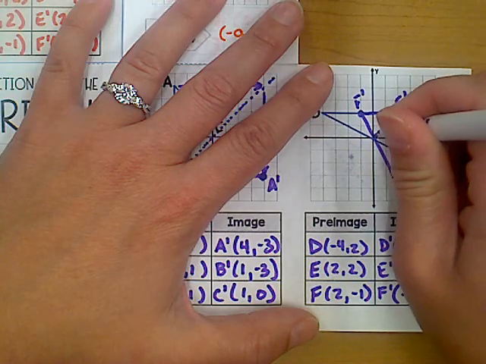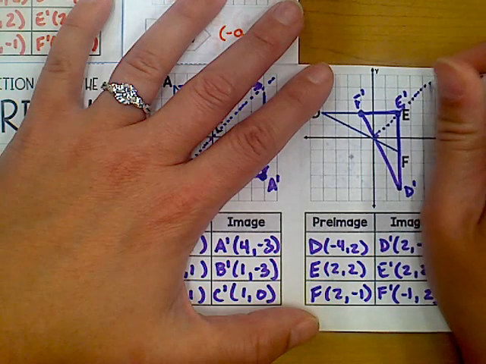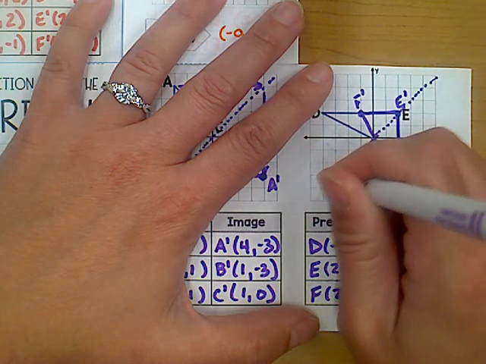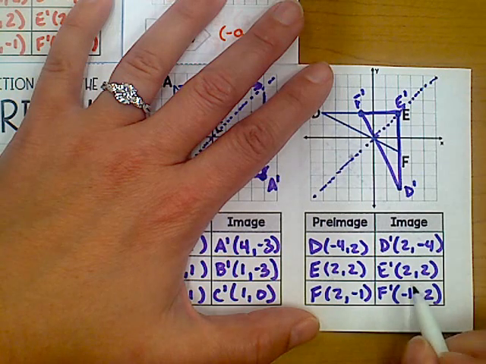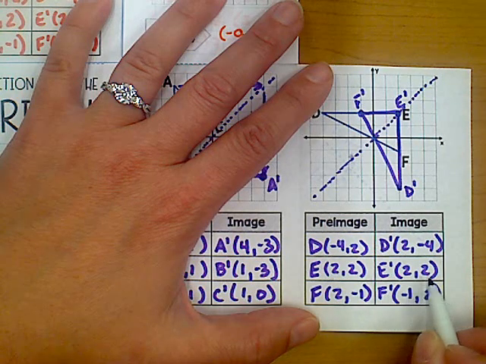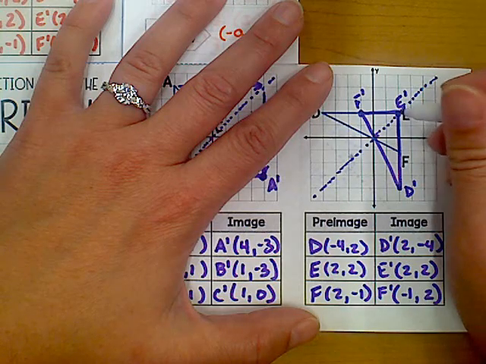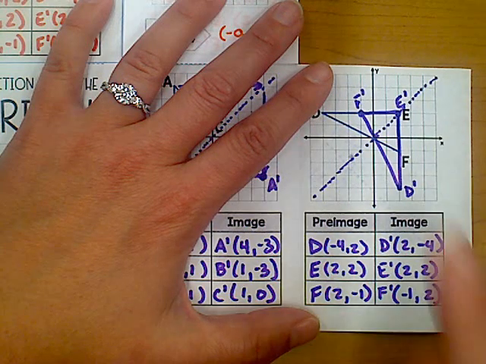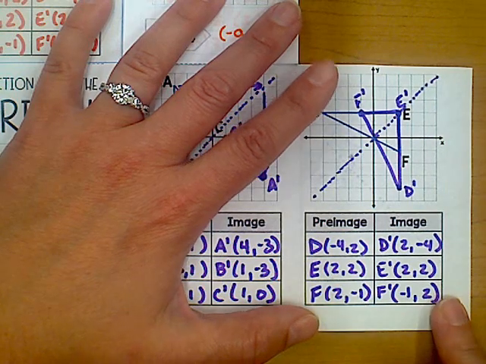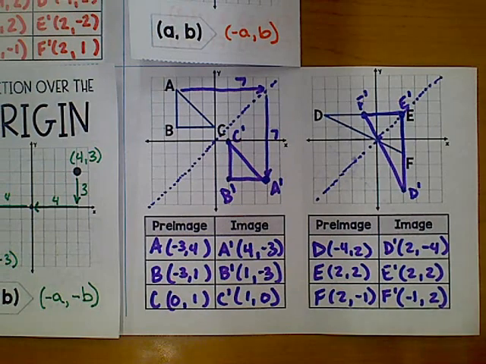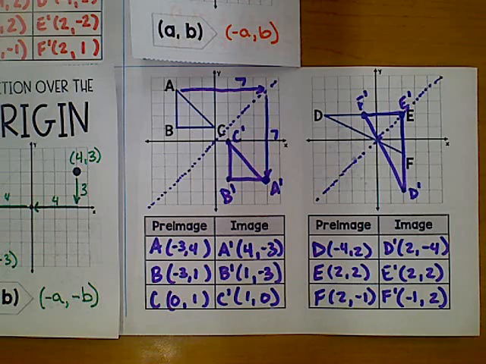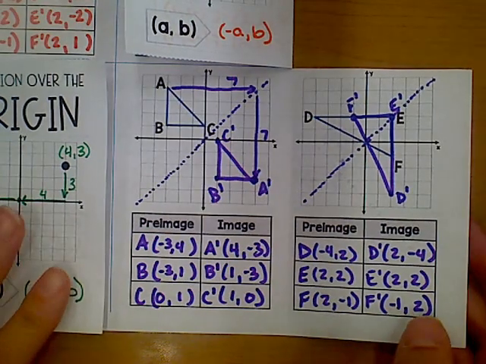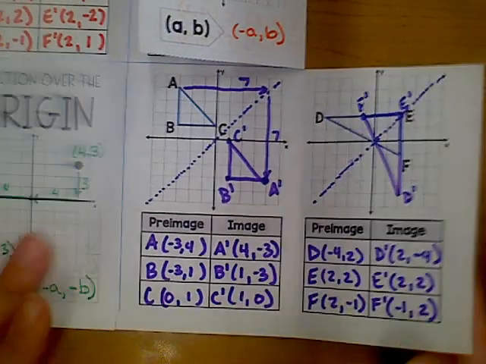The reason for that is that E is actually on our line of reflection. E is an example of when y equals x, which was our line of reflection here. So the point doesn't move because it's already on that line of reflection. It's like when your finger's touching the mirror, it looks like your reflection's touching the mirror as well. So hopefully this helped clear up some of what we are learning in this section for reflections.